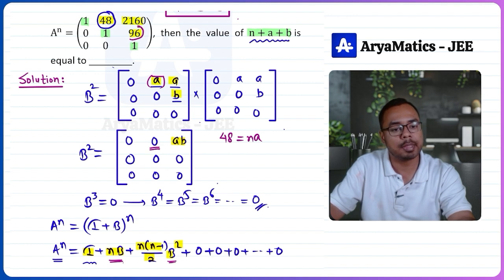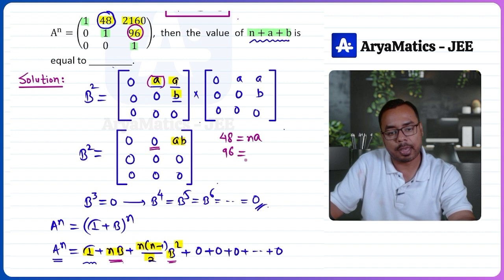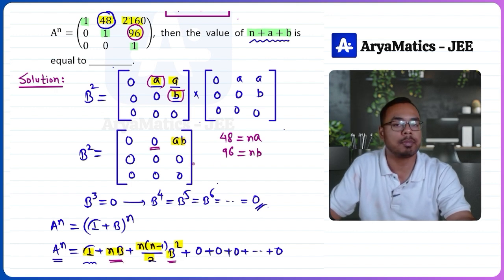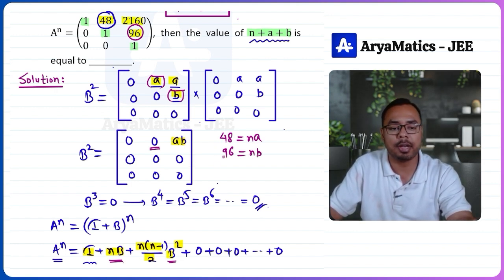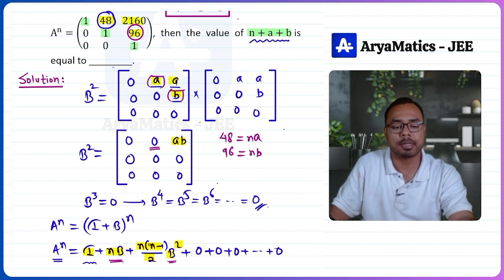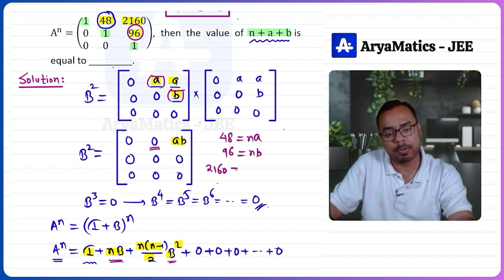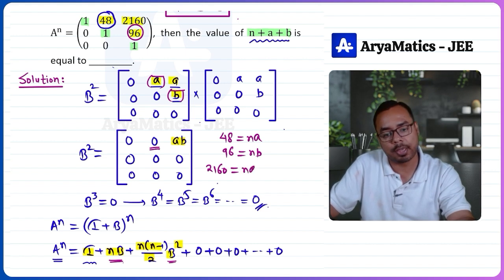Similarly, the element in second row, third column, this is 96. And on the right hand side, the element in second row, third column will be N into B. So this is another equation, right? N into A is 48, N into B is 96. And finally, the element in first row, third column, this is 2160. And from the right hand side, we'll get N into B, that means N into A, right?